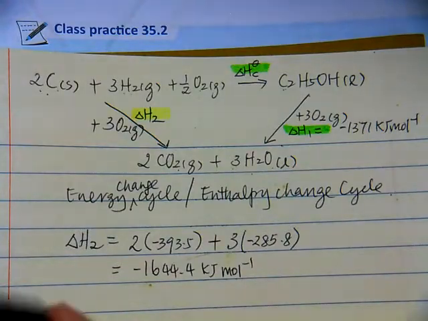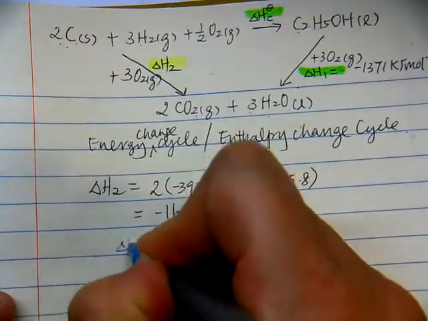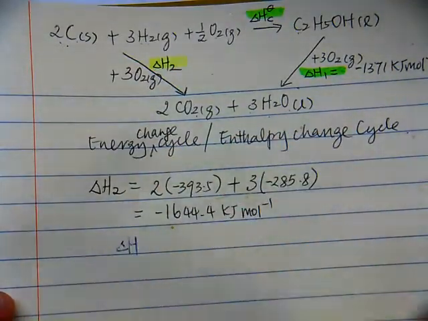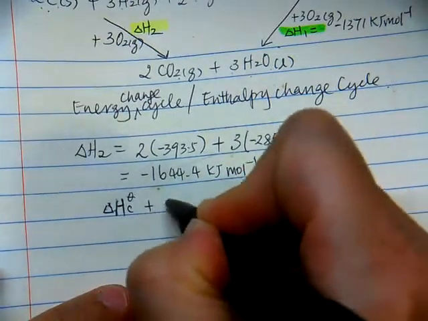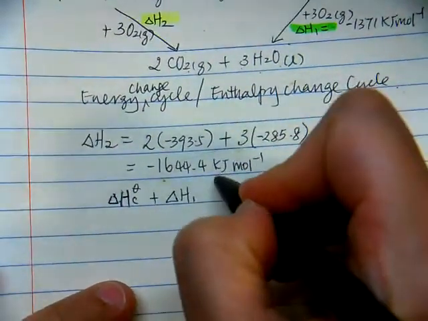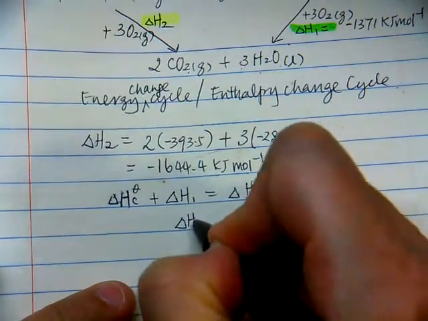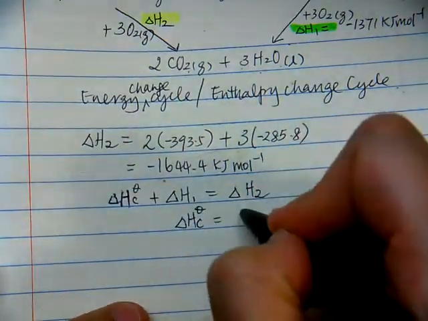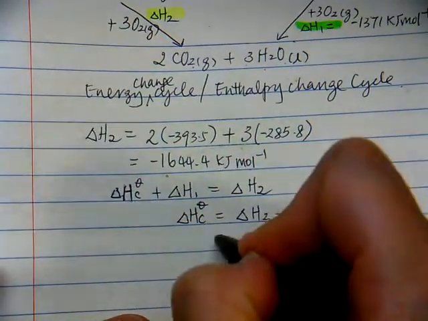Can you see that? According to Hess's law, delta HC plus delta H1 should be equal to delta H2. Therefore, delta HC is equal to delta H2 minus delta H1.